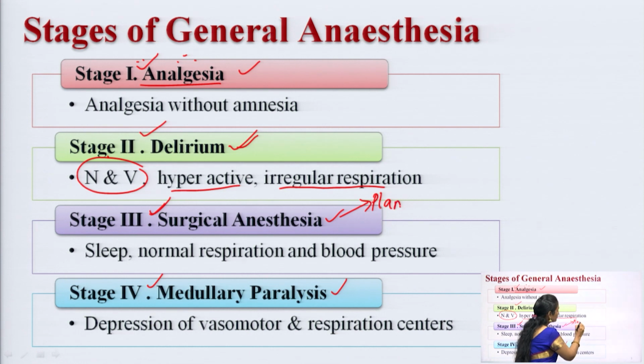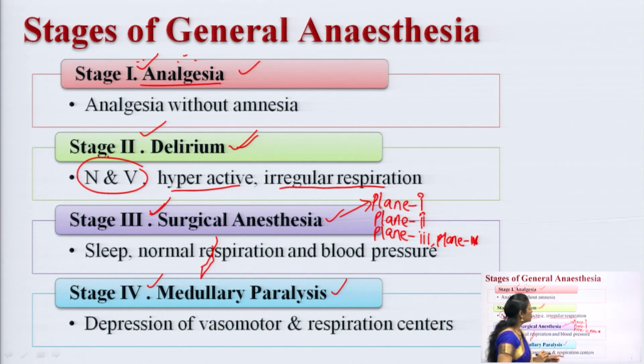Plane 1, plane 2, plane 3 and finally plane 4. Okay. This is the 4. So, in surgical anesthesia the stage has been further divided into 4 planes: plane 1, plane 2, plane 3 and plane 4.